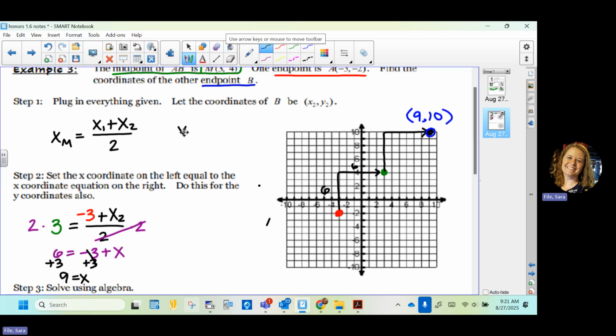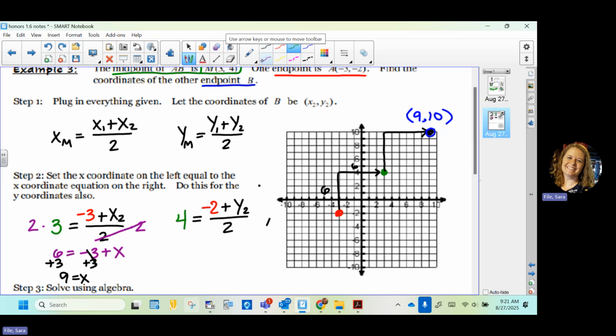The y of the midpoint is found by finding the average of the y's. So if I plug in here for the y's, the y value of the endpoint we know is -2, and the y value of the midpoint is 4.